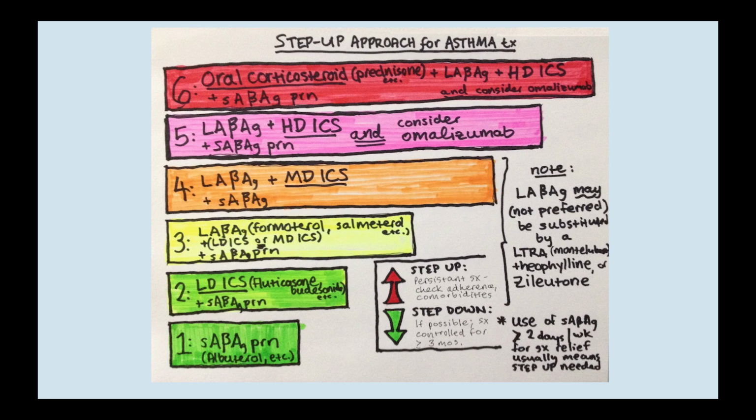Give the kid a dummy inhaler and say, show me how you use this inhaler, because some kids will not take a deep breath in. They'll take the inhaler, shoot it, and they don't breathe in. Well, now you're just going to get your beta agonist and your inhaled corticosteroid in your mouth, and that's not useful. You need it in your lungs.